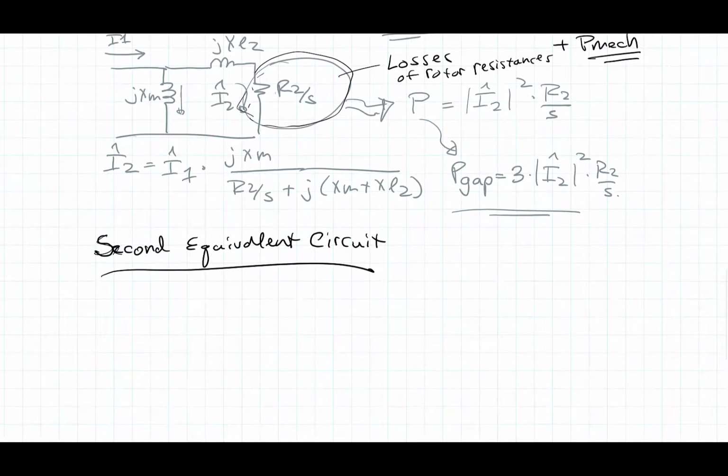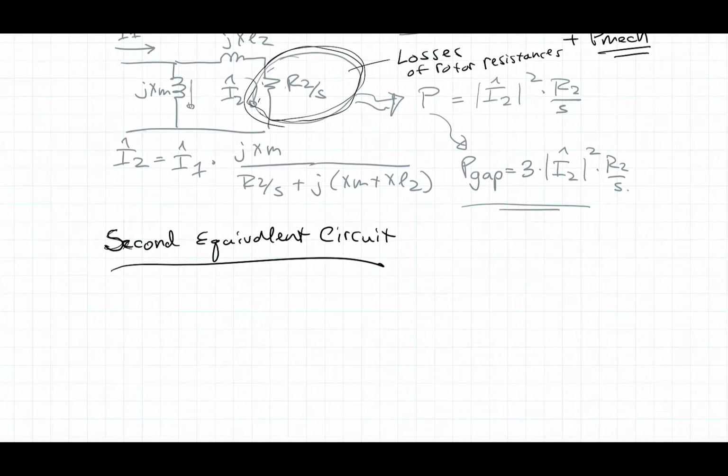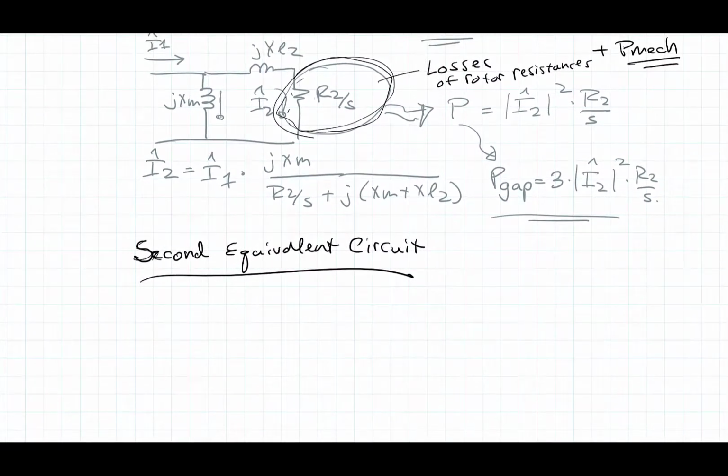So we could actually break this up if we want. And we know that the rotor resistance loss, the P loss, I squared R of the rotor is going to be equal to, for one phase, the magnitude squared of I2 times R2.